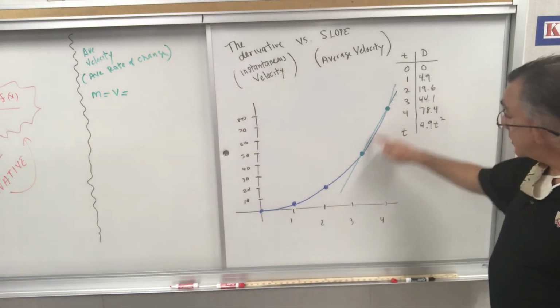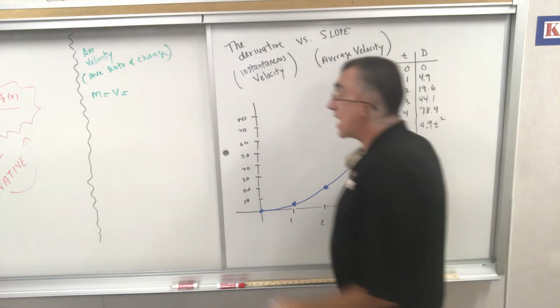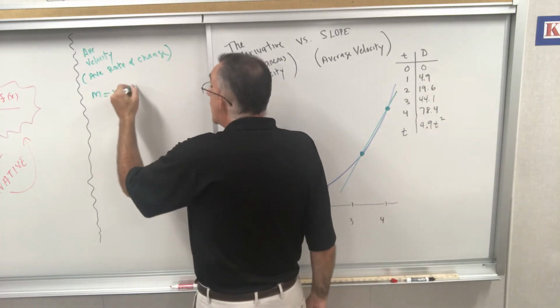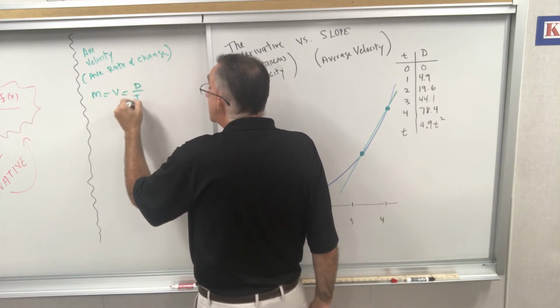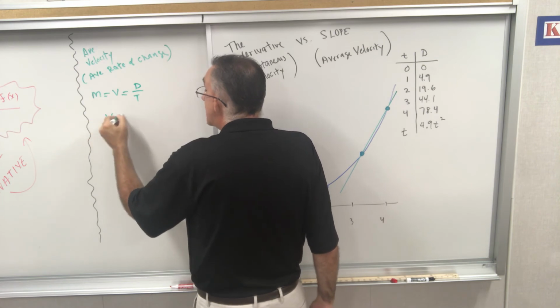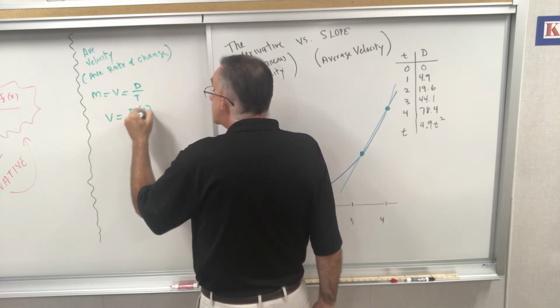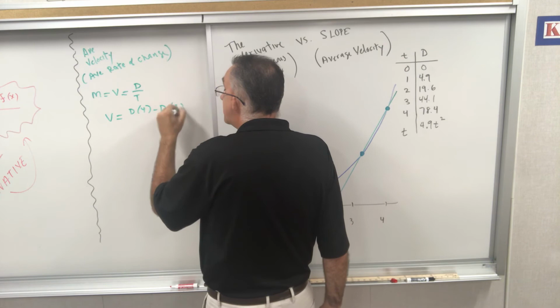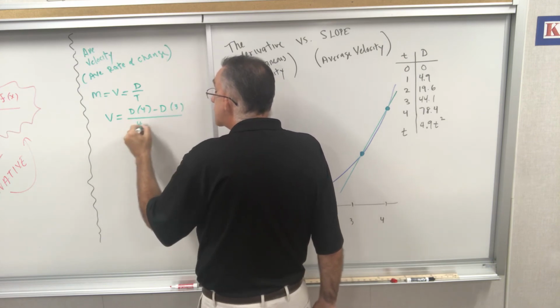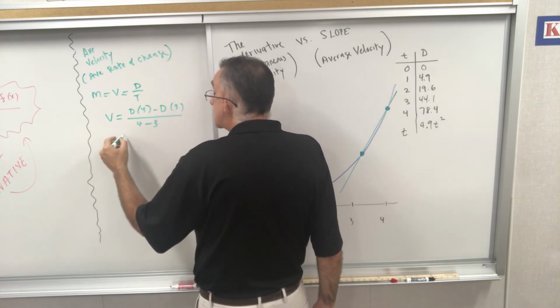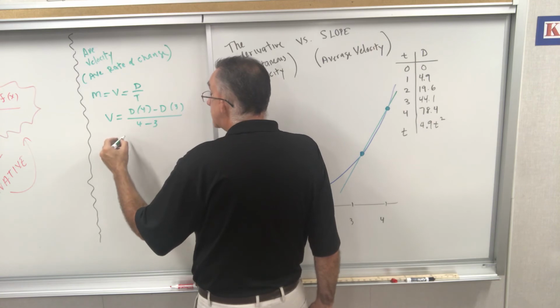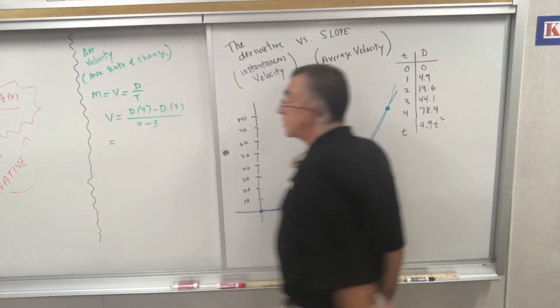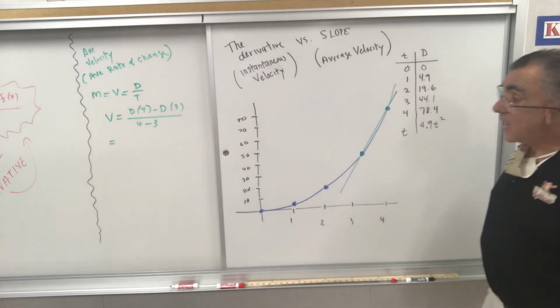Remember, the velocity would be the slope of that line. The average velocity is distance divided by time, so v is the distance at 4 seconds minus the distance at 3 seconds, over 4 seconds minus 3 seconds. That's how we would figure that out.